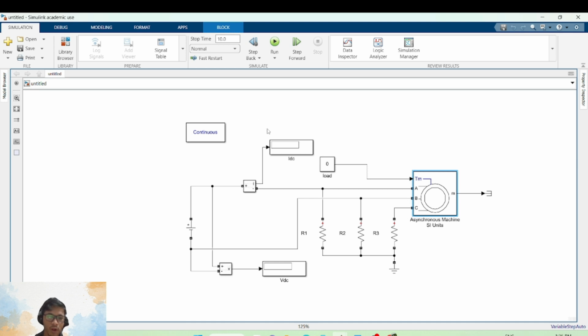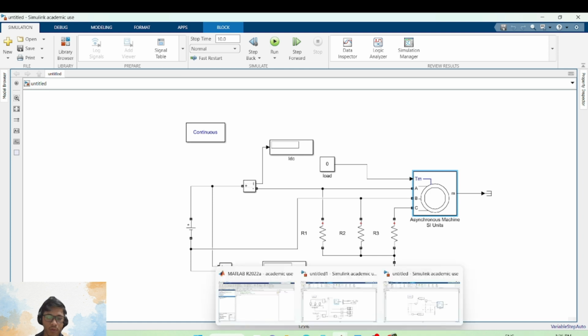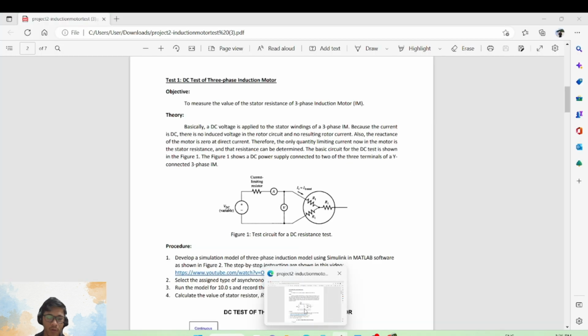From this step we have to get the results for IDC and VDC. So we have to run it first by following the instructions. We have to run the model for 10 seconds and record the results of IDC and VDC.